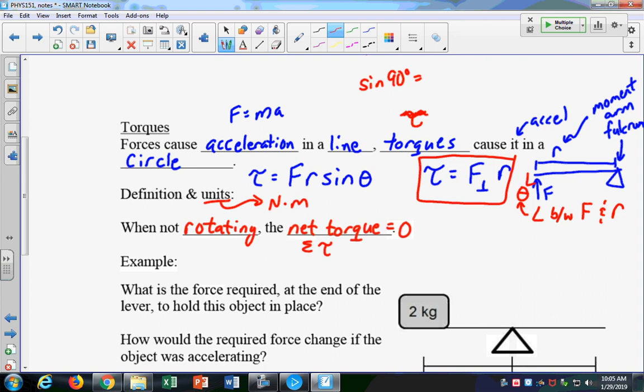And not just adding them up, but we have to add them up like vectors. Some torques are in one direction, other torques are in another direction, and we'll have to add those up properly, just like we did for forces. Remember when we did net force? If we had one force in one direction, another force in another direction, we had to take the difference. The vector sum was actually the difference.